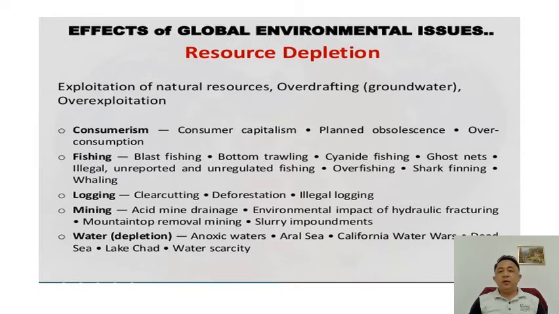So pag sinabi nating overdrafting, ito yung excessive na pagkuha natin ng tubig sa ilalim ng lupa. So nagkakaroon ito ng mga hindi magandang epekto sa kalikasan at pati na rin sa supply ng tubig. Yan ay yung mga tinatawag na natin na over-exploitation o sobrang paggamit natin sa ating mga natural resources.